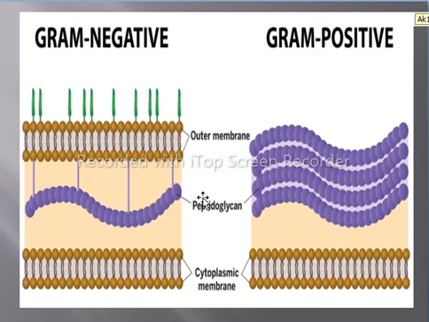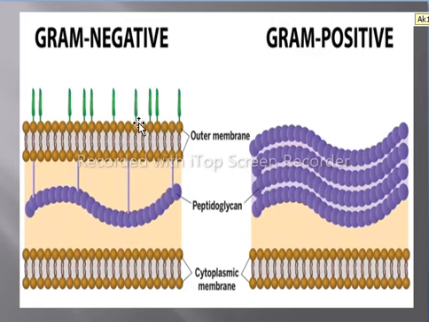Because of this reason, gram-positive bacteria will retain the primary dye, that is crystal violet, while gram-negative bacteria have a thin peptidoglycan layer, as well as an outer membrane layer. As the outer membrane layer of gram-negative bacteria dissolves, gram-negative bacteria do not retain the primary dye and it is washed out.